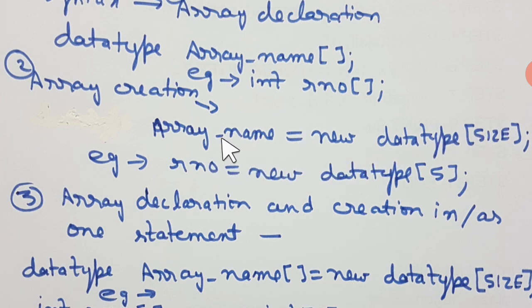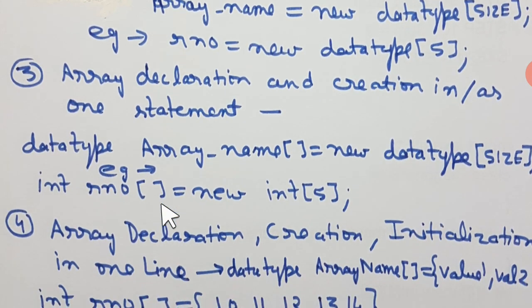You can see array name is RNO, assignment operator, new data type, and then the size is 5. Instead of data type please write int here. It will be int, and then we have the size of the array, that is 5.